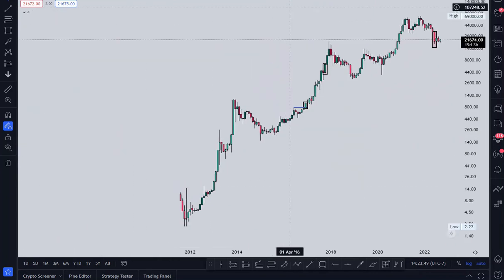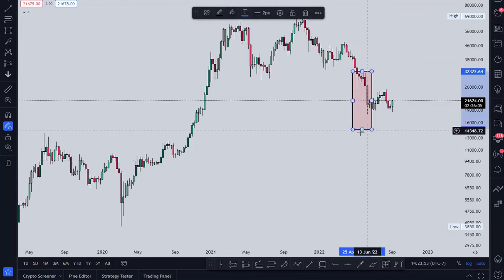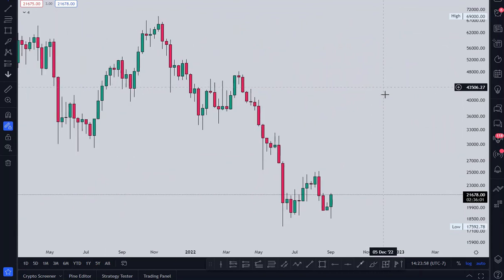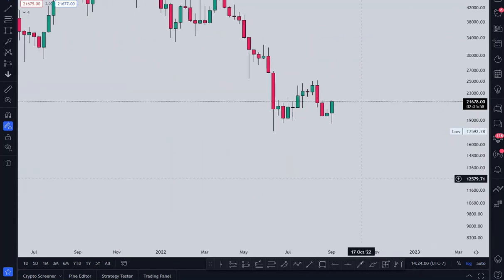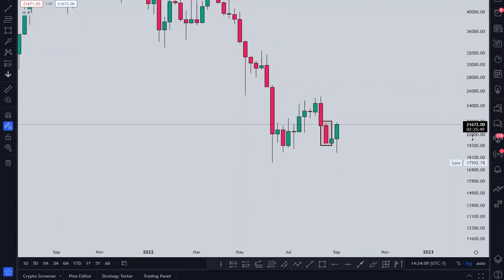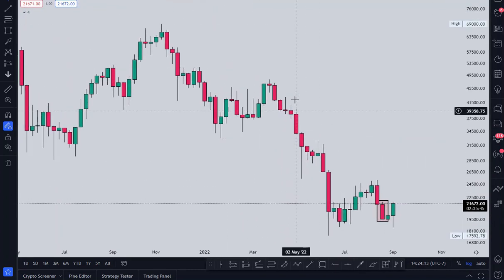Okay, let's go to lower time frames, to the weekly time frame, and see what we can find on weekly. In the weekly time frame, here we have this one. It can be a bearish Marubozu. We can call this one a Marubozu too, because the shadows are negligible, but it's not a perfect one.